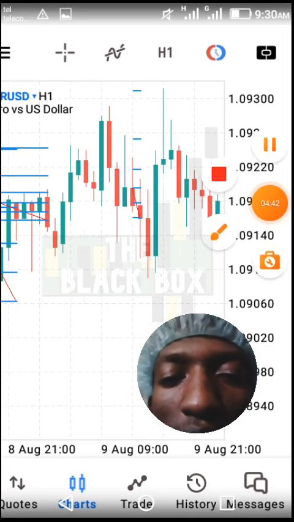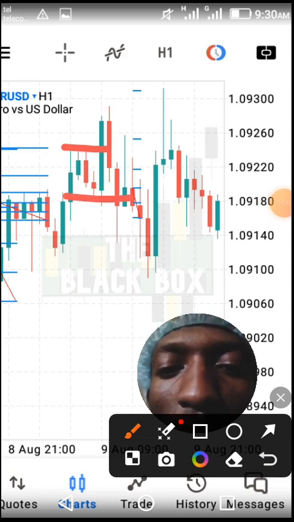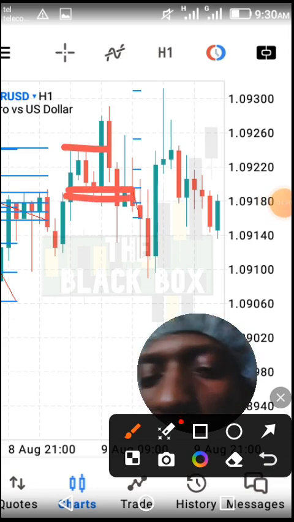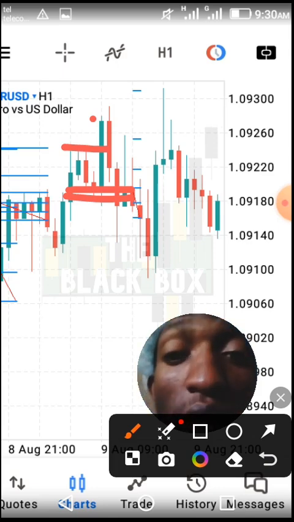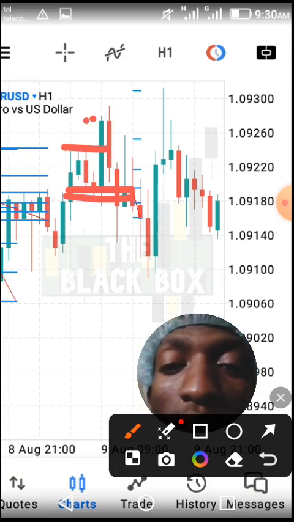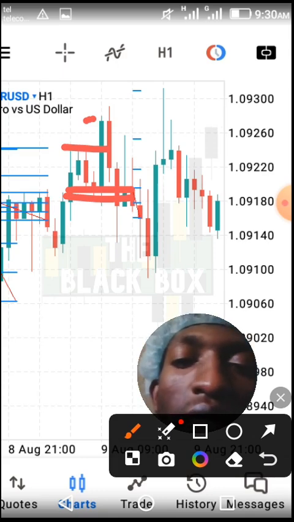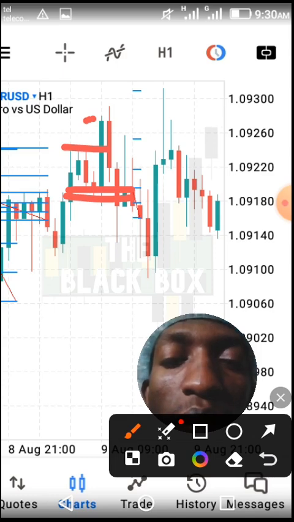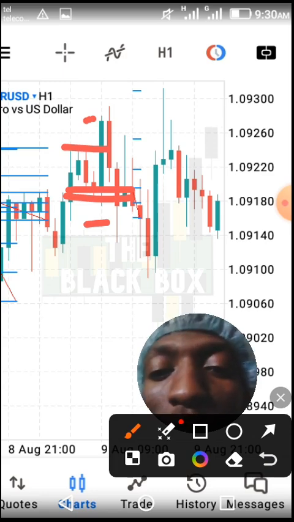Then afterwards, what happened? This black box broke. That is a buy. So that was a buy. And then almost immediately, after taking partials at TP2, it dumped.